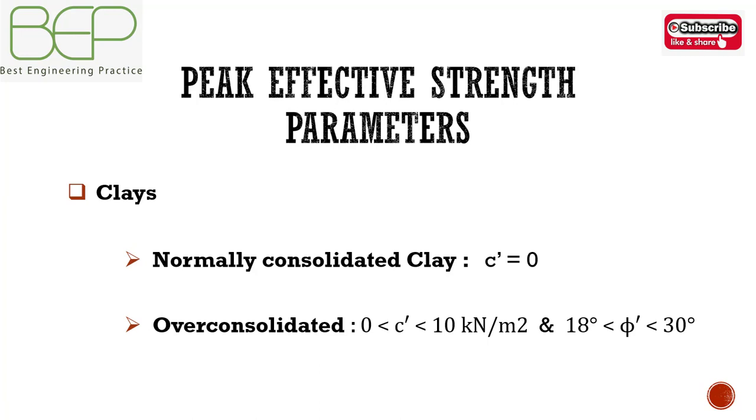Typically, the effective cohesion is between 0 and 10 kilonewton per meter squared, and the effective friction angle between 18 and 30 degrees. It is unwise to assume an effective cohesion intercept of more than about 3 kilonewton per meter squared, even if the soil is heavily over-consolidated, and it may be sensible to assume effective cohesion to be 0 in most cases.